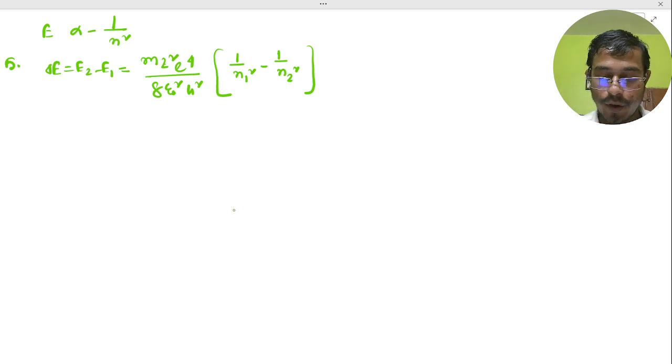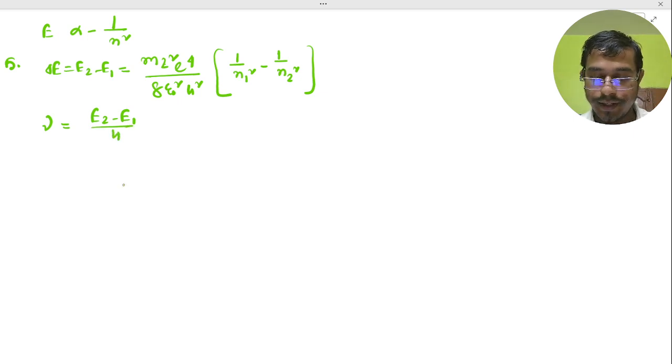The frequency nu of the emitted wave becomes (E2 minus E1) by h. For the wavelength lambda, we get 1 by lambda equal to nu by c.